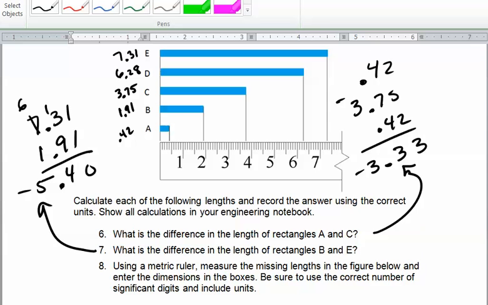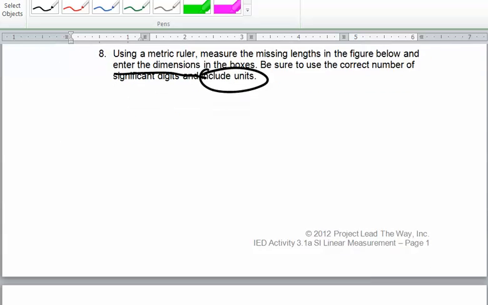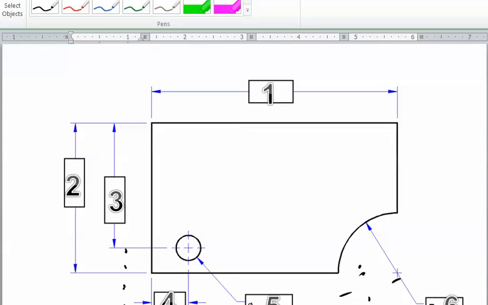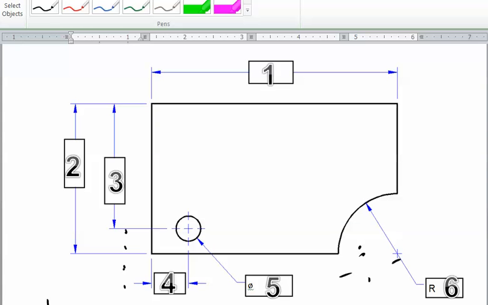Now, number 8 tells us, and what I'm not worried about here is the significant digits. But we do want to include the correct units. So I'm going to do it right here, the same way that I've asked you guys to do it. You won't be able to see the ruler that I'm putting on here, and I'll probably speed it up a little.